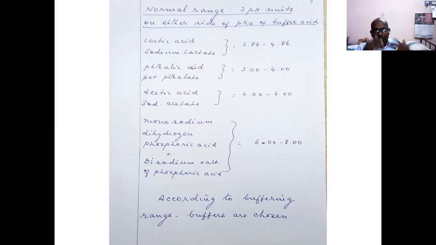But actually, the buffering is automatically taking place in our body by adjusting the acid and its salt combinations. The buffering is already going on in our body, but we can make buffer tablets for ourselves also. So these are all the importances of buffering.